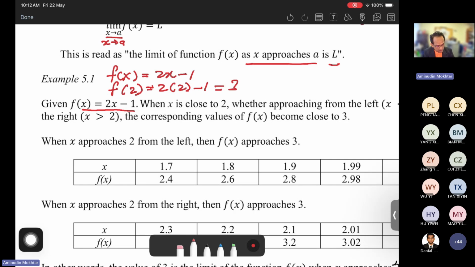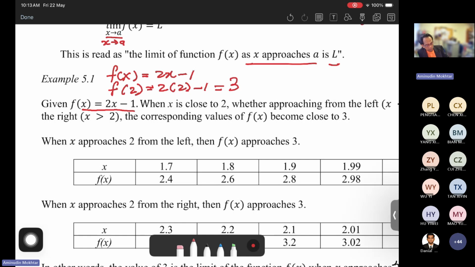That we learn in topic 1. Based on topic 1, we know that the value of y when x equals 2 is 3, based on this linear equation 2x minus 1. That's f(2) in topic 1.